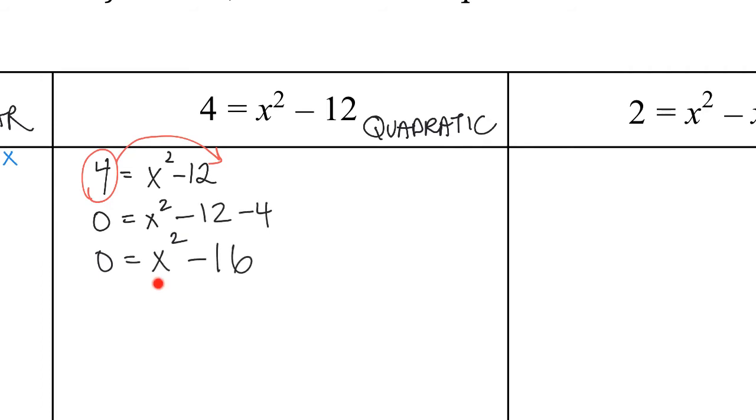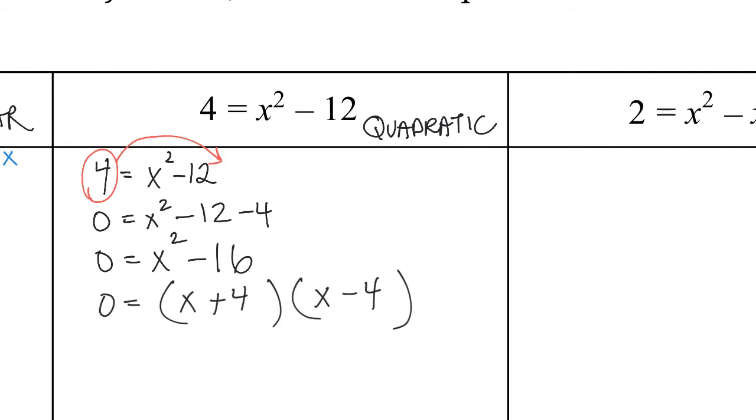I've got two terms separated by a subtraction sign. 16 happens to be a perfect square as well. So I'm going to go ahead and apply the difference of squares method. So that's going to give me x plus 4 and x minus 4. Remember that you need to take the square root of both x squared and 16.